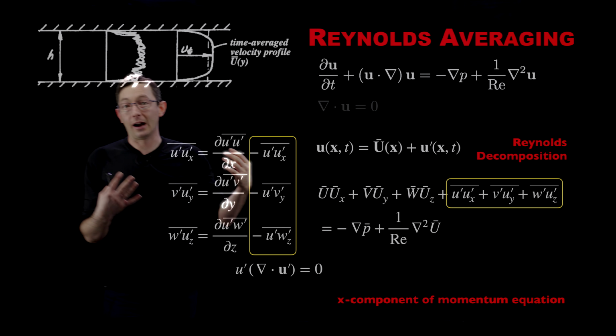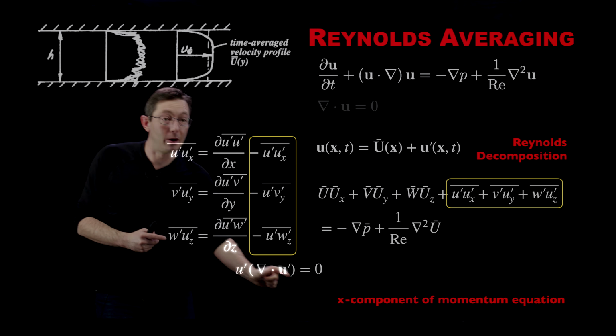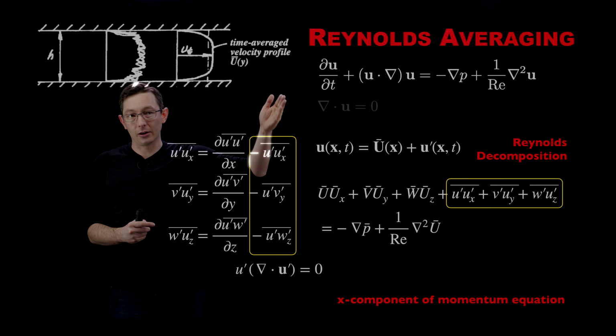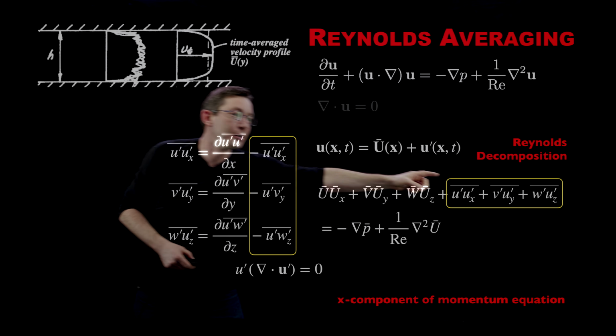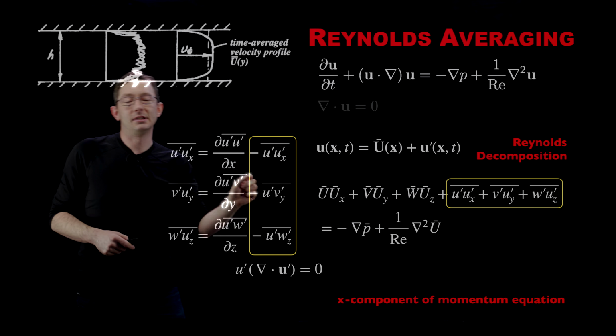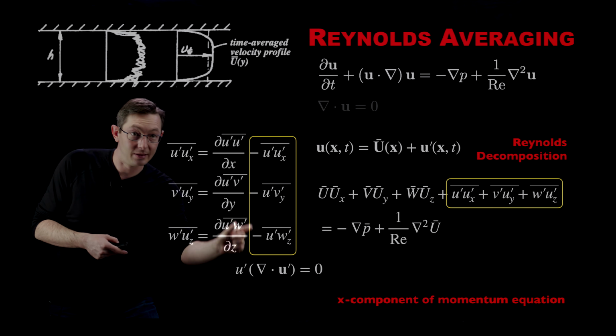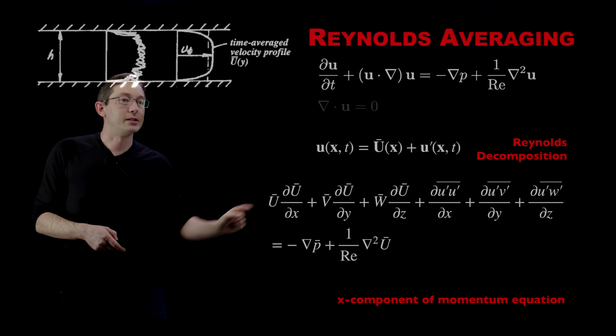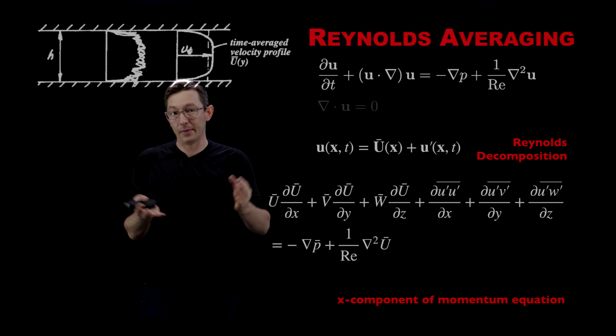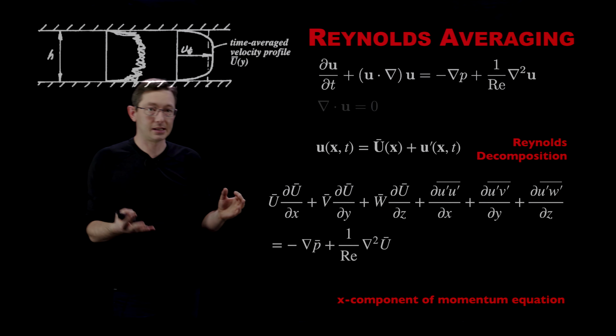And remember that the divergence of our fluctuating components is 0. So these 3 terms die out. And so I can replace the sum of these 3 terms with these terms here. I'm going to replace it like this, and I'm writing all of my partials out explicitly instead of with subscripts.